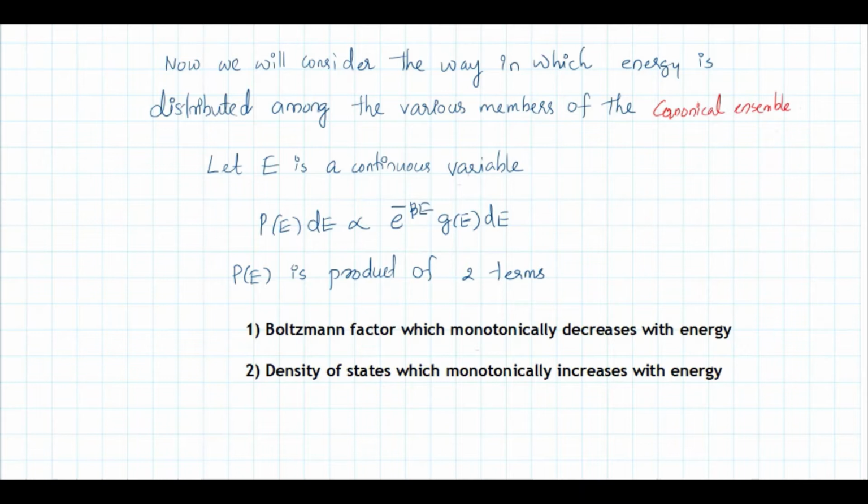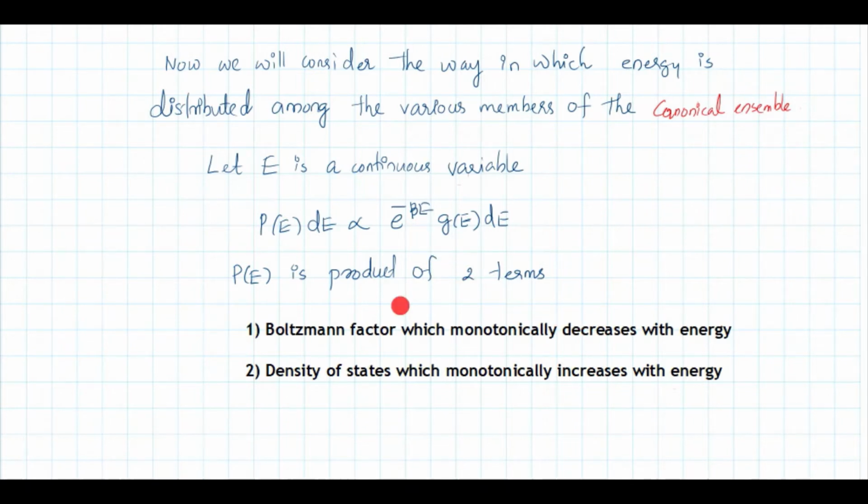The second factor is the density of states. Usually the dependence will be such that it monotonically increases with energy. So there are two factors, and the probability density is the product of these two factors. One factor will monotonically decrease with energy.